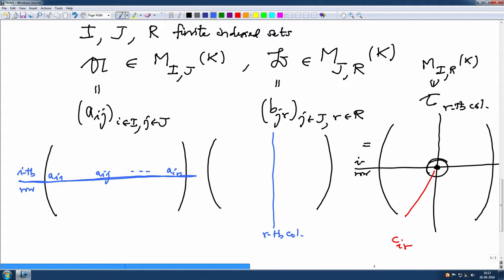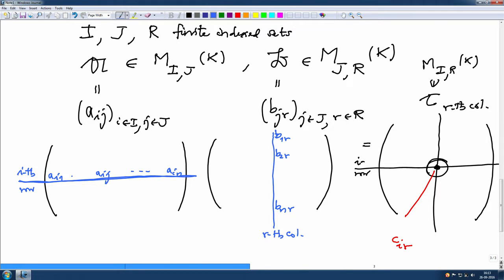My speed gets reduced because I have to think which indices. And this one is B, the rth column: B_1r, B_2r, etc., up to B_Nr. So you multiply this with this and take their sum.